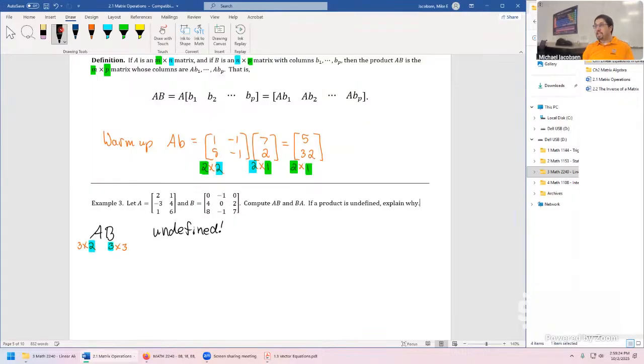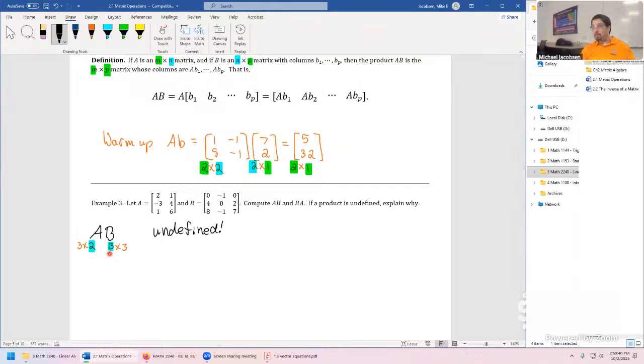There's a lot of ways you could say this if you're ever asked to give an explanation. If you just point an arrow at this, that works for me. That's the whole punchline. You could say the number of columns in the matrix A is not equal to the number of rows in the matrix B, and that's the exact reason it's undefined.